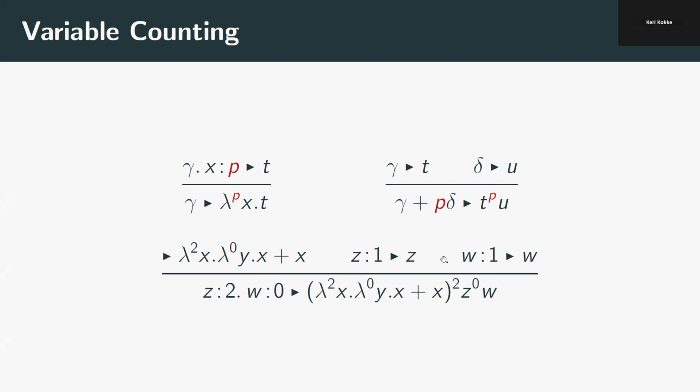And when we count this up with this rule for application, where we add resources and scale them, we end up counting the z variable as being used twice, because that's the one we apply first. And the second variable ends up being considered unused because we scale it by 0 in that case.